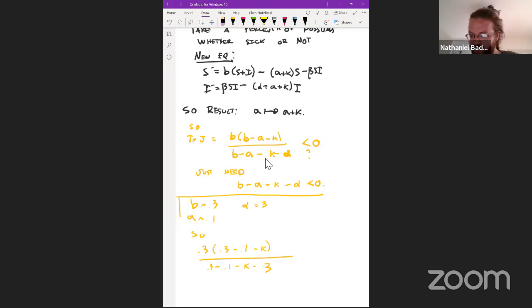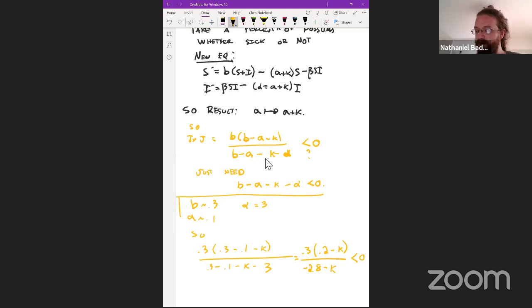Okay, so this just is equal to 0.3 times 0.2 minus K, 0.2 minus K minus 2.8 minus K. So in this case, the denominator is actually not going to be affected, right?